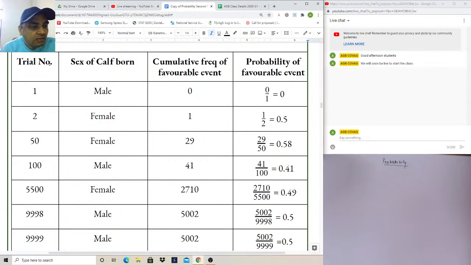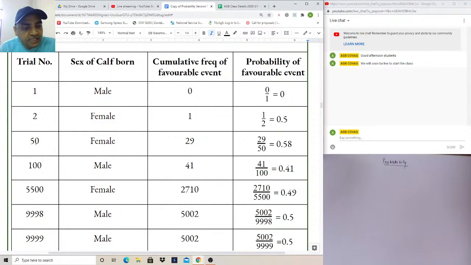Now try to understand from this table. Let us start the trial. There was the first parturition and a male was born. So the cumulative frequency of the favorable event will be 0 because we are considering female. So the probability of the event remains 0. Then at the second parturition, a female is born, and it becomes 0.5.